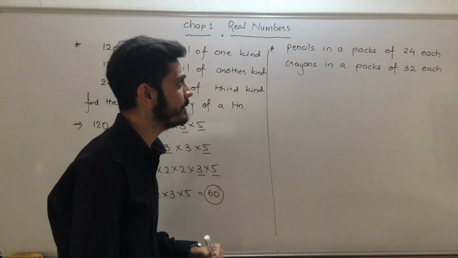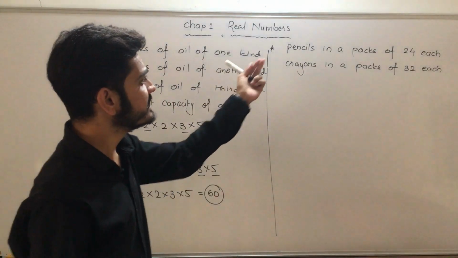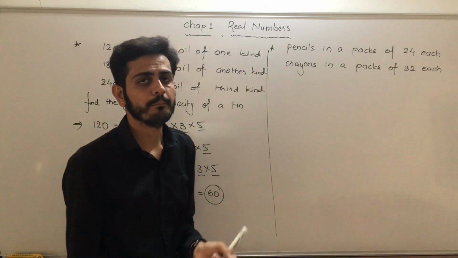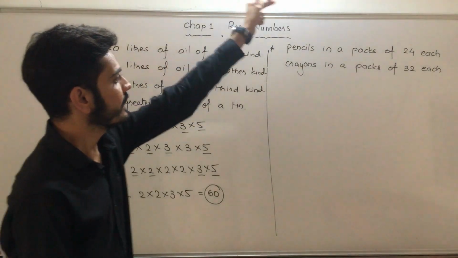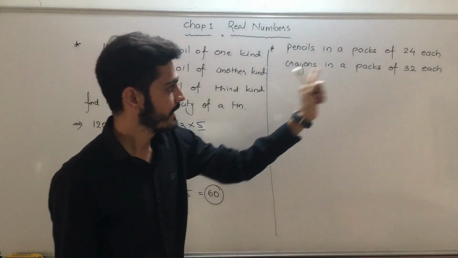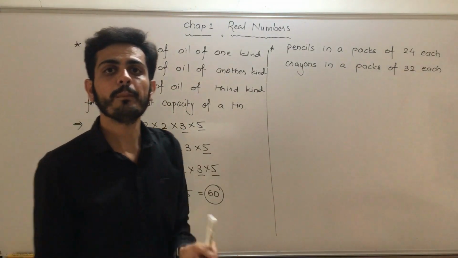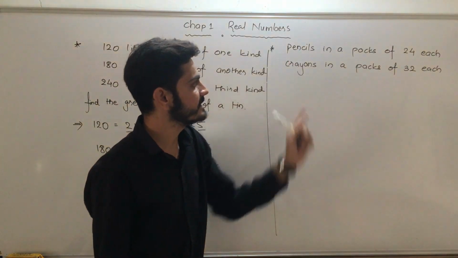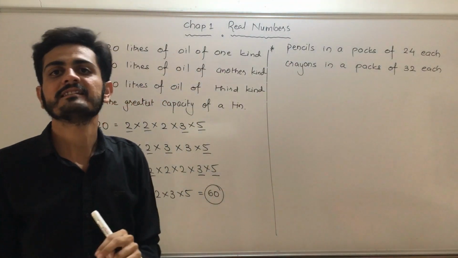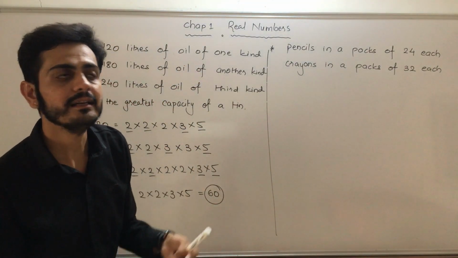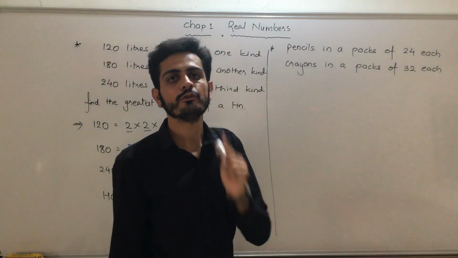Let's take another example. During a sale in a market, pencils were being sold in a pack of 24 each, and crayons in a pack of 32 each, and you want full packs of each, pencils and crayons, and the same number of pencils and crayons. Then how many of each would you need to buy?